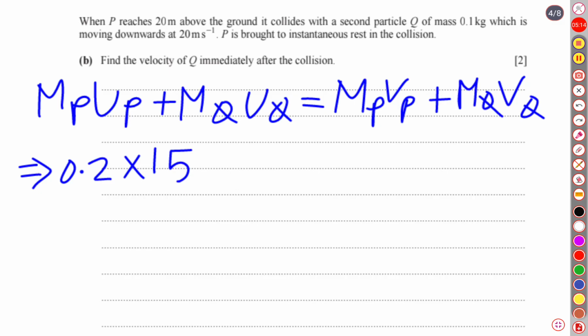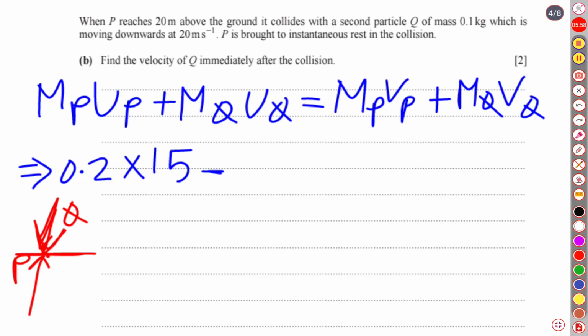P was moving upward like this, and Q was moving downward, and at this point they collided with each other. The directions from this reference point are opposite to each other. So direction cannot be ignored in the application of conservation of momentum. As Q's direction was not the same or parallel, we will use a different symbol, the symbol of minus.